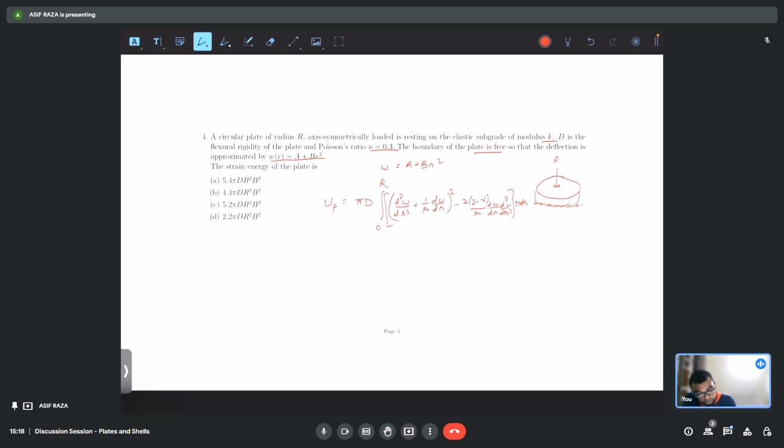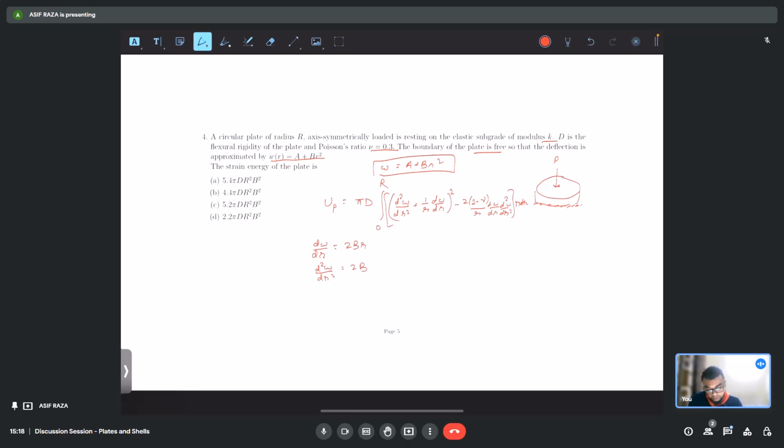So we have w equal to a plus br square, then dw by dr would be 2br, and the second derivative of w with respect to r would be 2b.